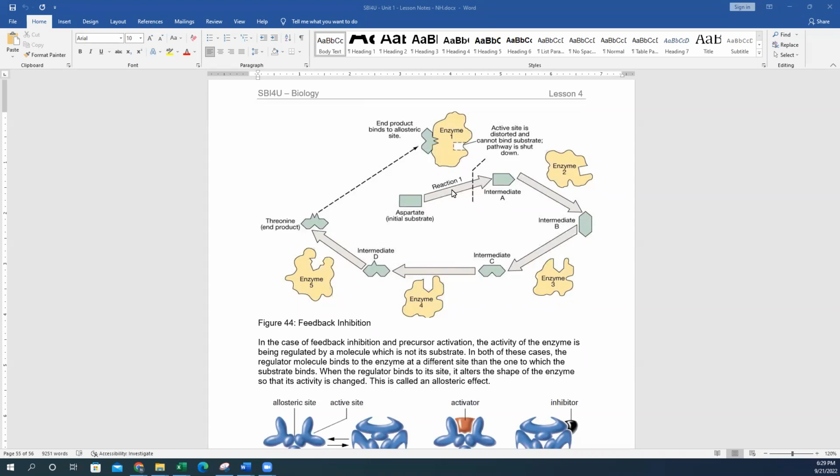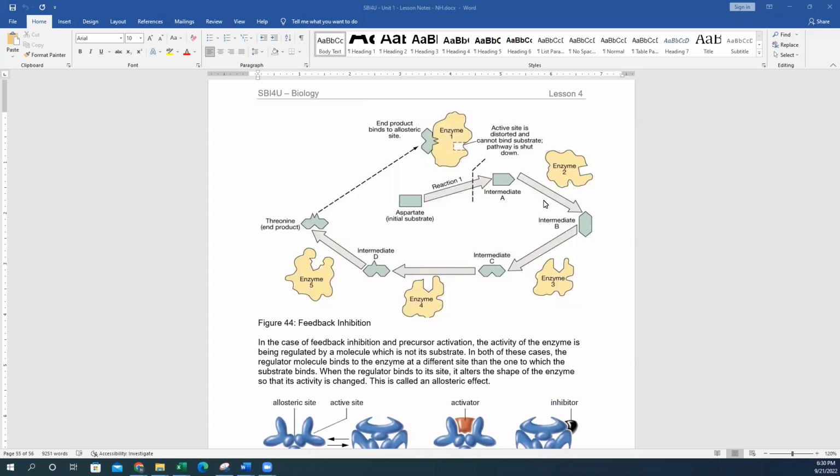And through this reaction 1, it produces a certain intermediate A. This reaction 1 is catalyzed by this enzyme 1. And then intermediate A is catalyzed by enzyme 2 to produce this intermediate B, which is then catalyzed by enzyme 3 to give this intermediate C, and so on and so forth.